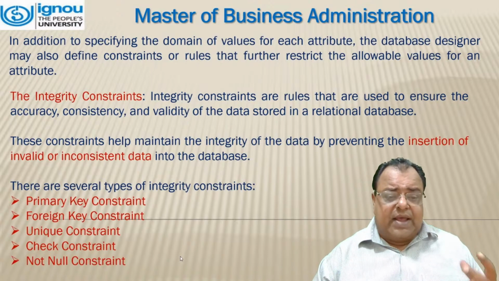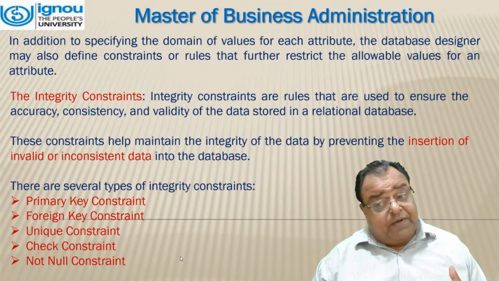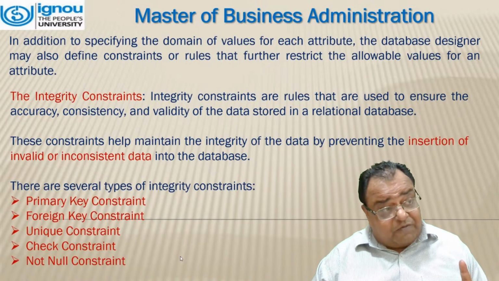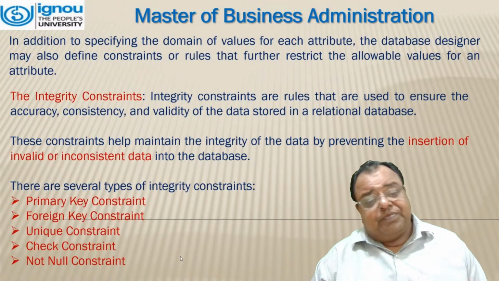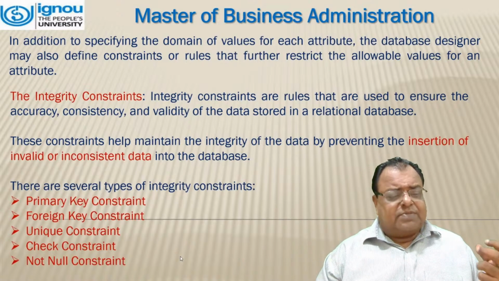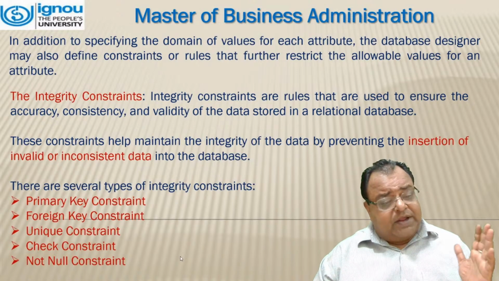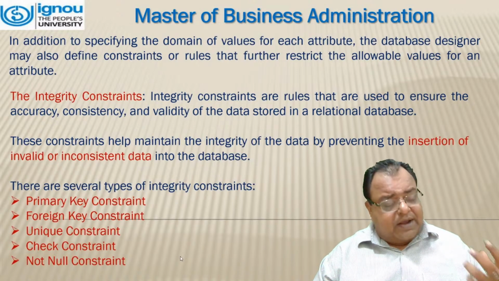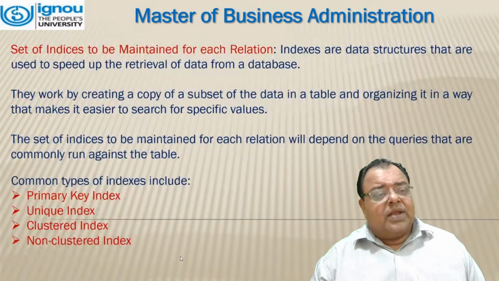These constraints help to maintain the integrity of the data by preventing the insertion of invalid or inconsistent data into the database. There are several types of integrity constraints, such as primary key constraint, foreign key constraint, unique constraint, check constraint, and not null constraint. And they all have their individual meaning.